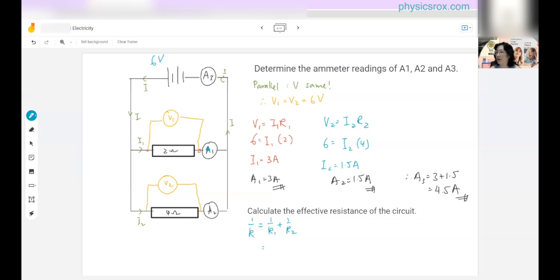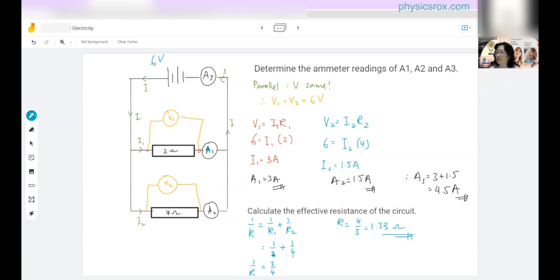This line is 1 line. The number 2, you put under the first, 1 over 2. This is the 4, you put 1 over 4. Then you solve this. 1 over 2 plus 1 over 4 is 3 over 4. But you must remember this is 1 over R. So then you must flip. That means R equals 4 over 3 equals 1.33 ohm. Don't make the mistake.